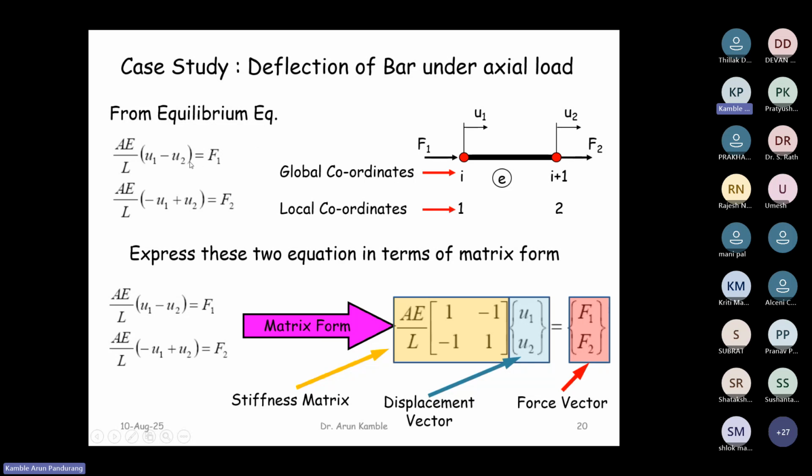These are the equilibrium equations, and we can write them in matrix form. This is the stiffness matrix, which consists of the element and material properties, AE by L into [1, -1; -1, 1]. U1, U2 is the displacement vector, and F1, F2 is the force vector.